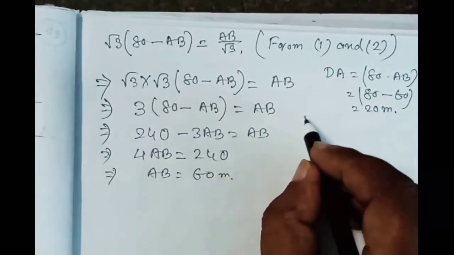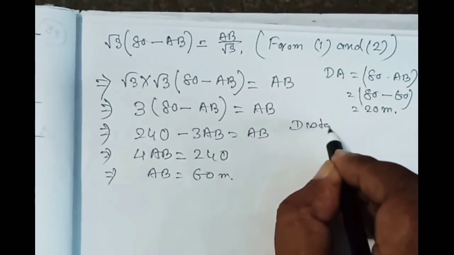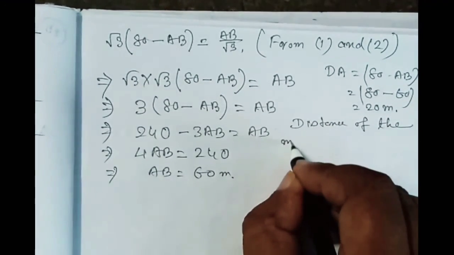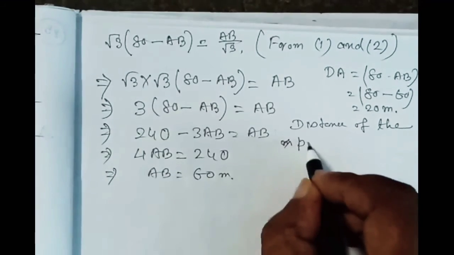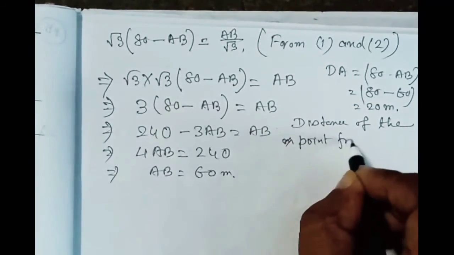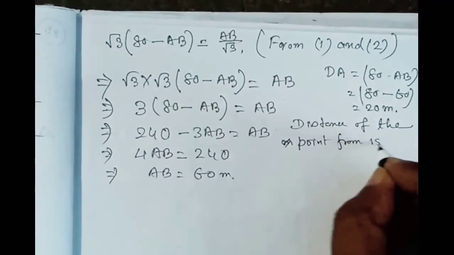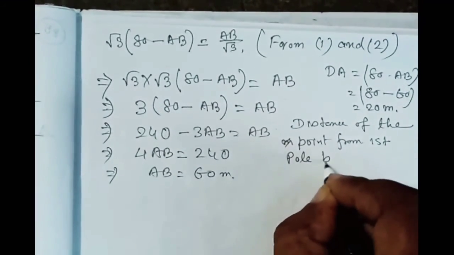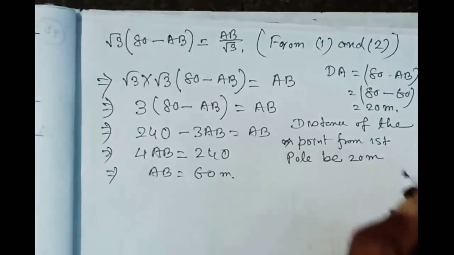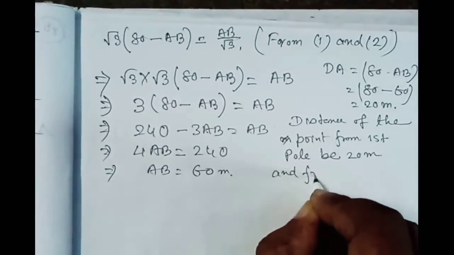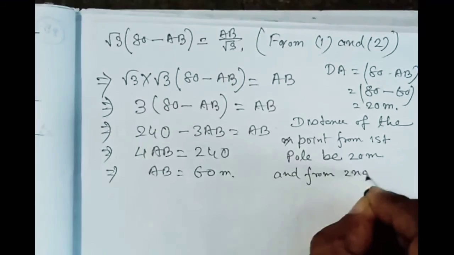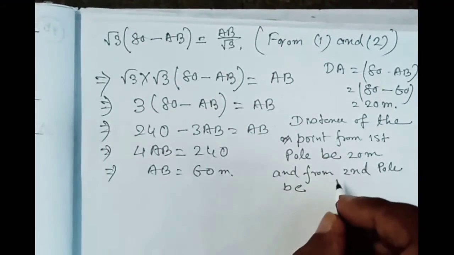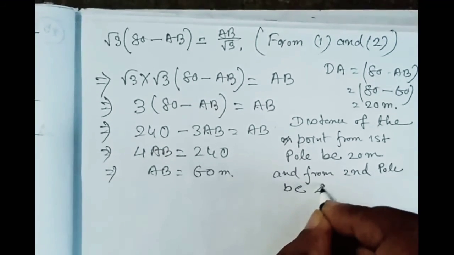So the distance of the midpoint of the point from first pole is 20 meter and from second pole is 60 meter.